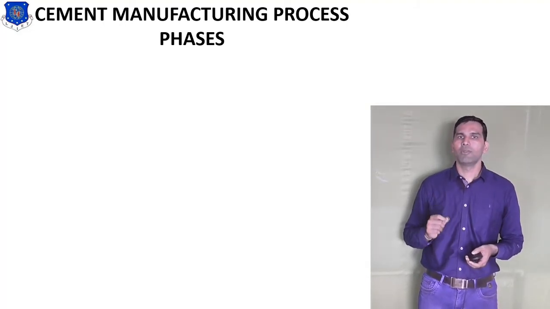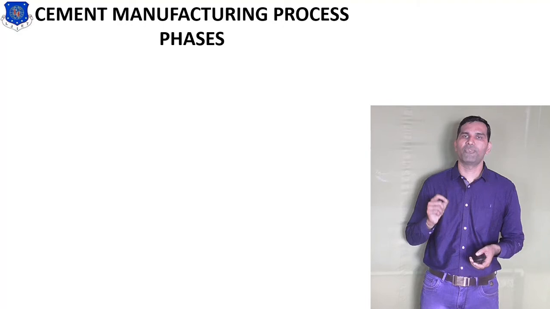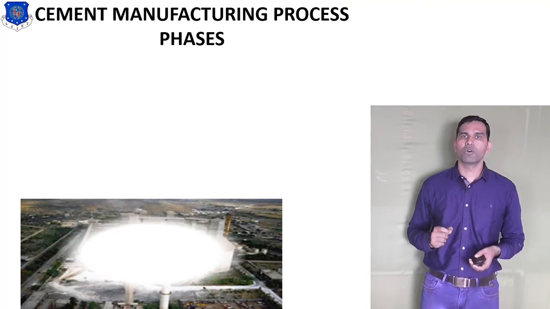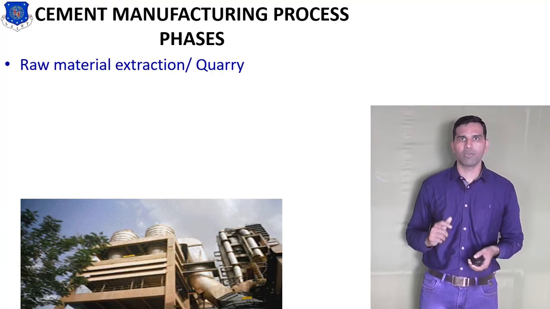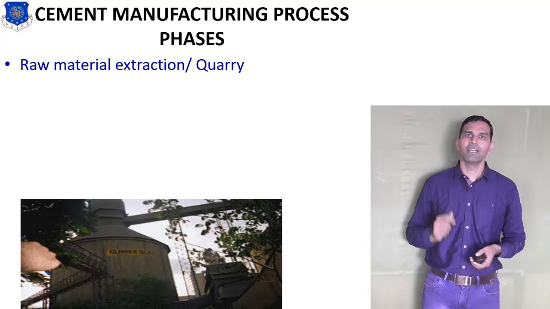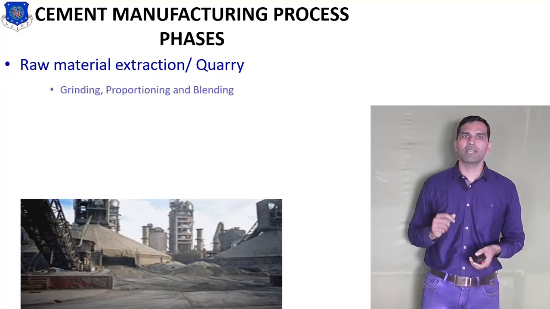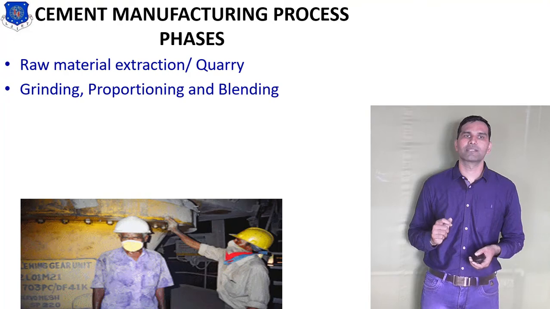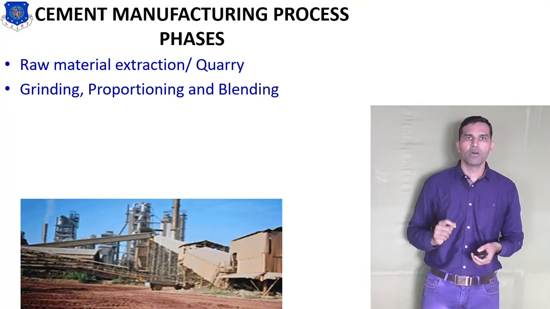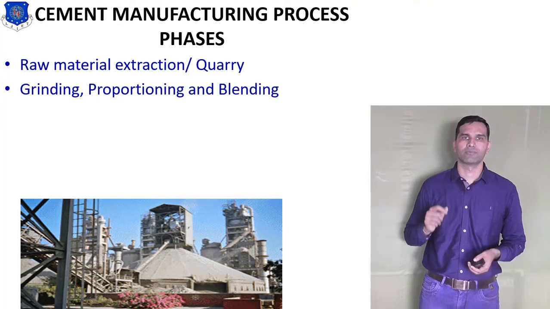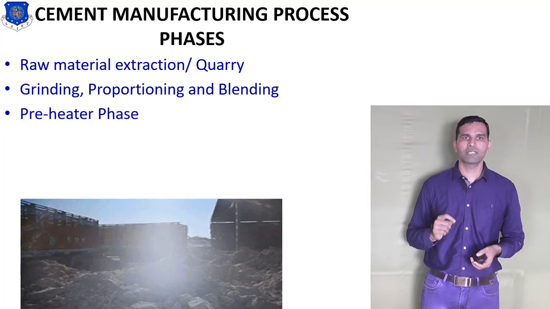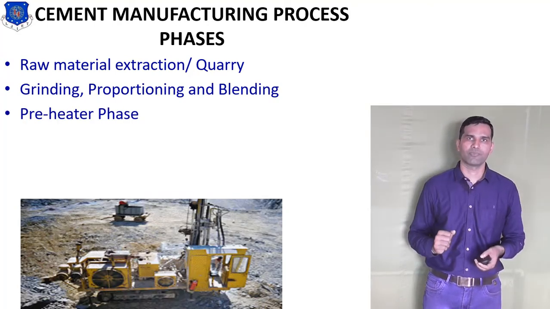That means we discuss some phases used in the industry to manufacture cement. First is raw material extraction, or we can say kiln. The second step or phase is grinding, proportioning and blending. Then the third is the preheater phase.